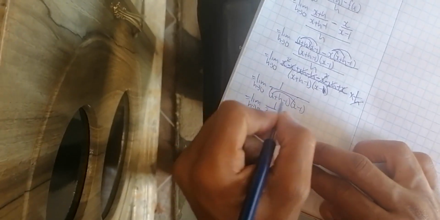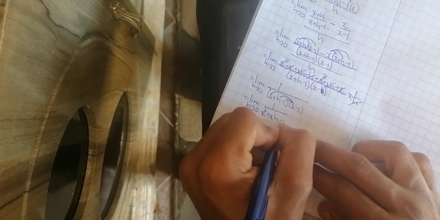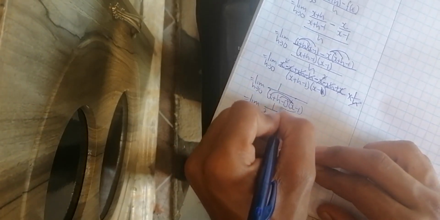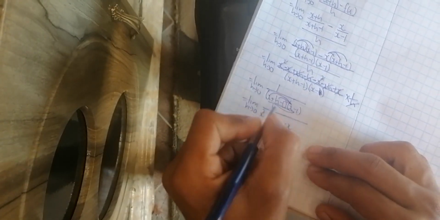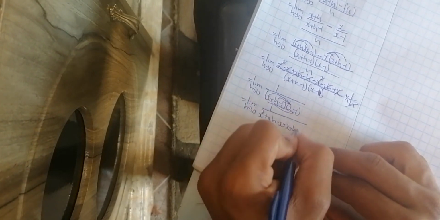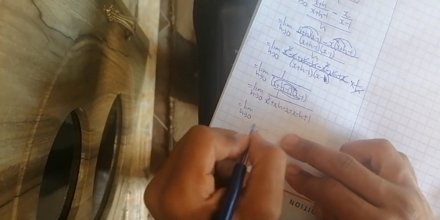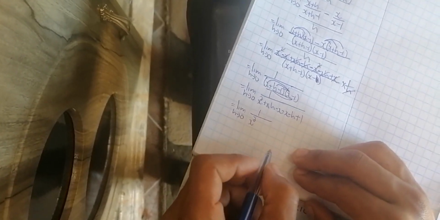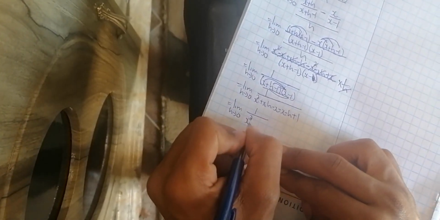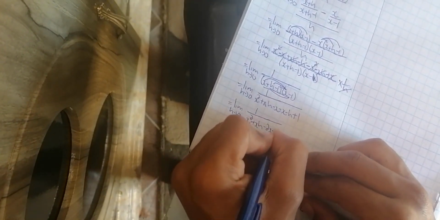I can have x squared plus xh minus x minus x minus h plus 1, and I can have the limit as h tends to 0 of x squared plus xh minus 2x minus h plus 1.